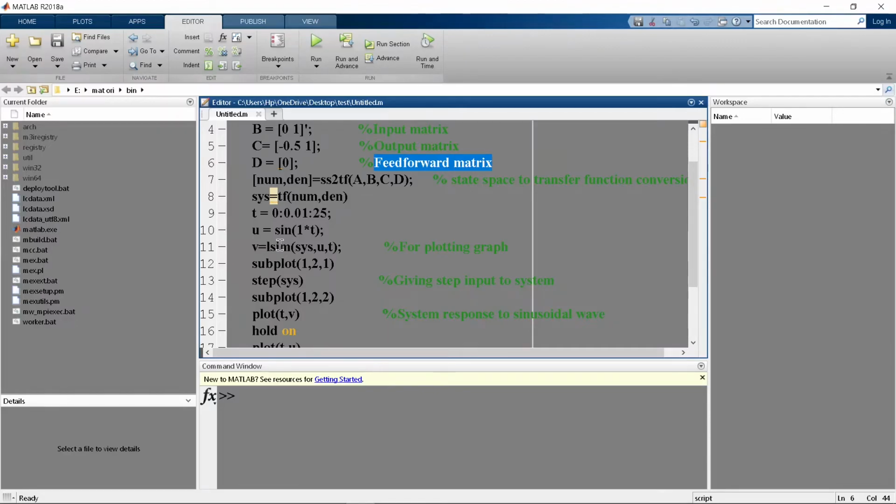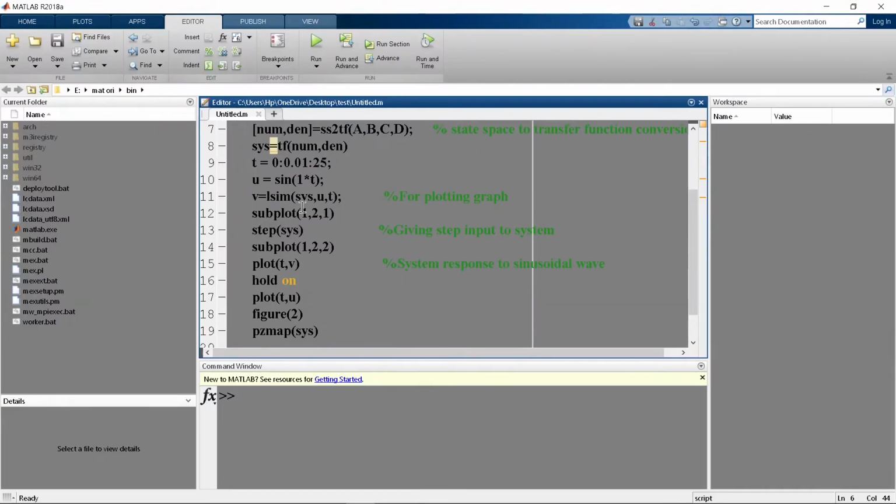Now we have used another function LSIM. LSIM is used for plotting graphs. So the parameters are like, first we input the system function, then we write the input, and then we write how much time I want to see this graph. And all this I will be storing into V.